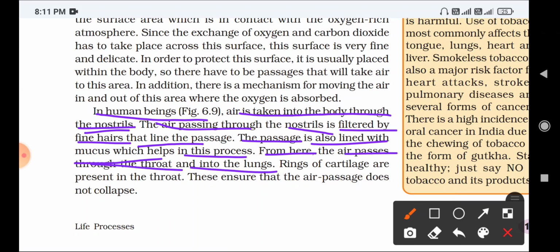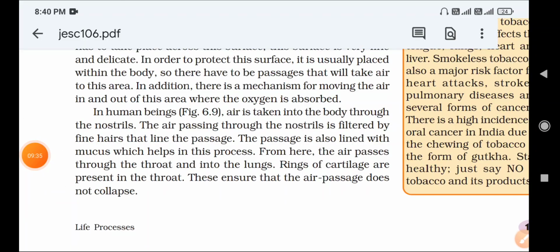After this, it passes into the throat and ultimately goes to the lungs.